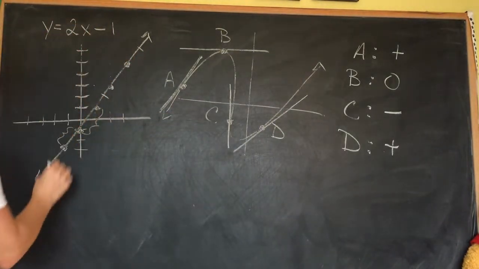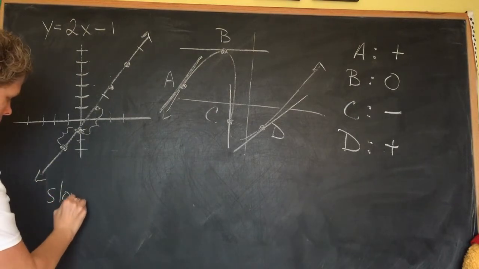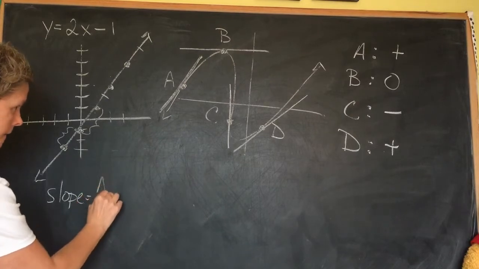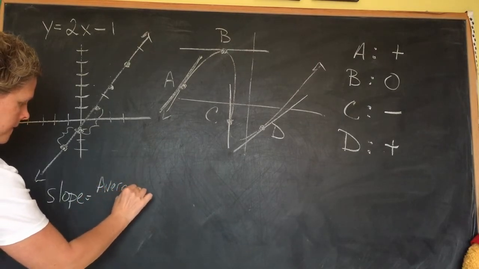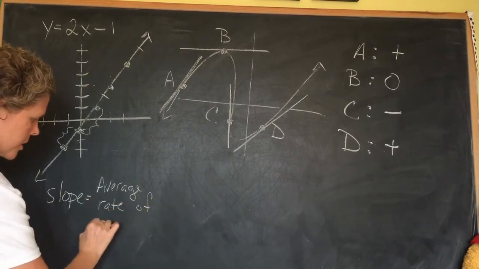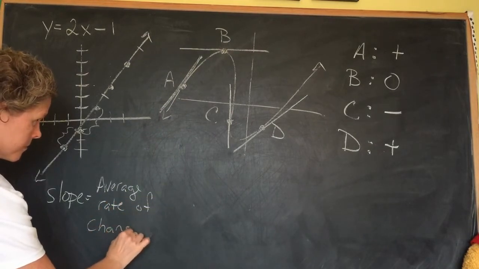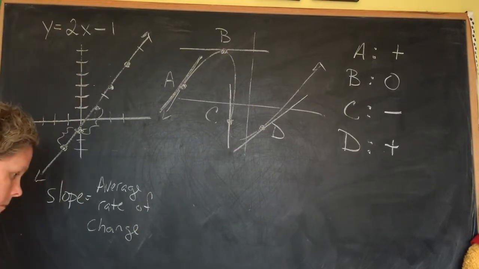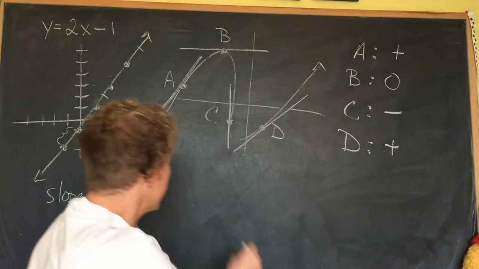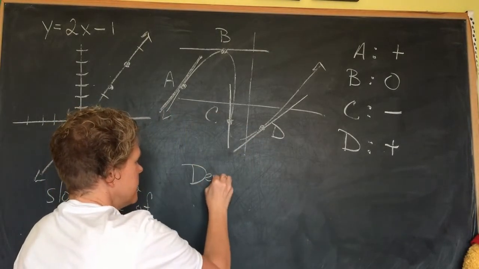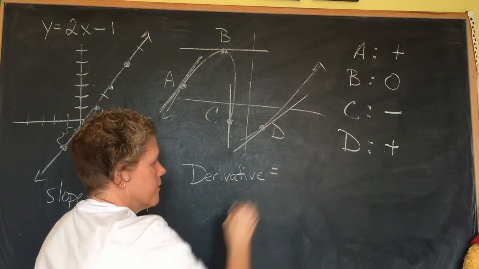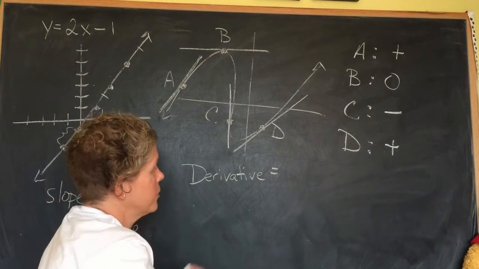In a linear function, our slope is the average rate of change. Okay, for a curved function, the derivative.